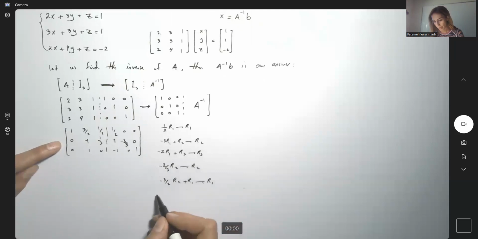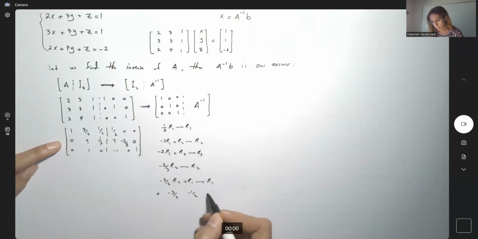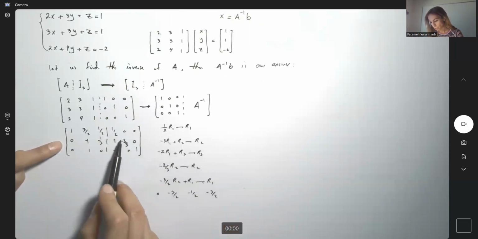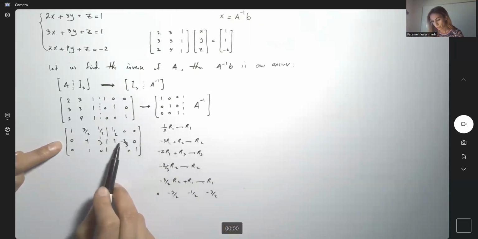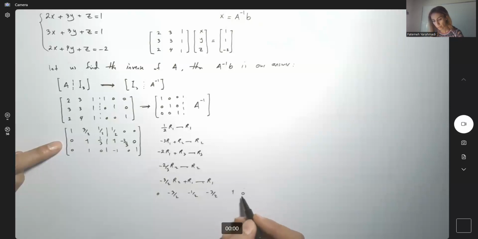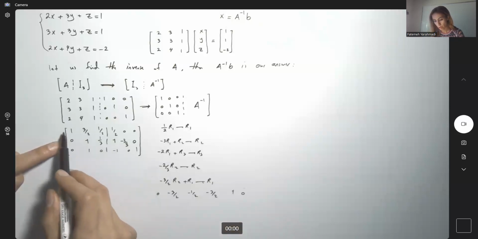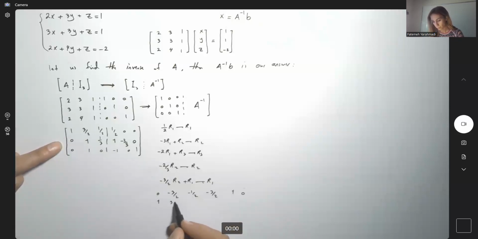Very good. So I have a 0, negative 3/2, and I have negative 3/2 times a third, negative 1/2, negative 3/2, and negative 3/2 multiplied by negative 2/3, which is just 1. Then I have a 0, and I'm going to add that to R1: 1, 3/2, 1/2, 1/2, 0, and 0.